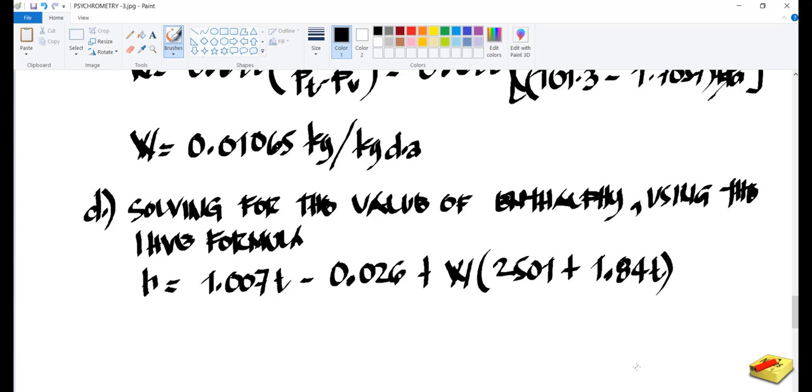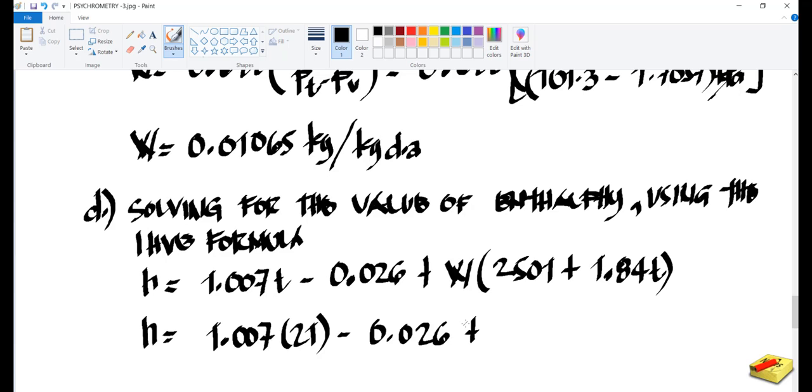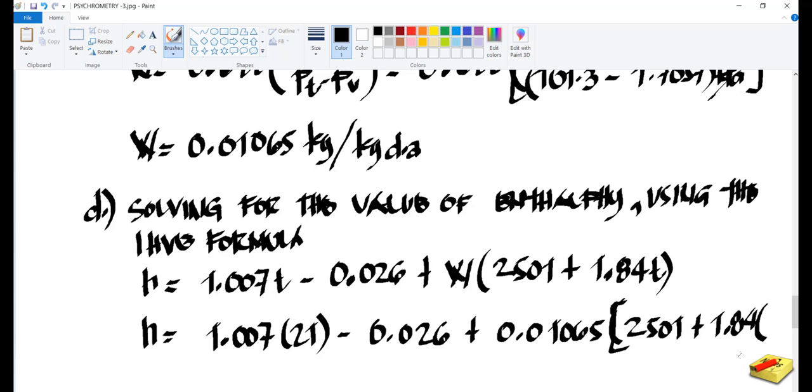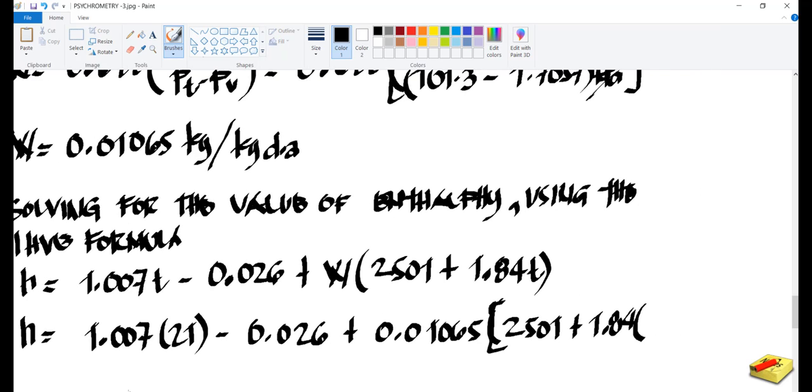Okay, so substituting the values, we have now your enthalpy: 1.007, then we have the temperature, which is 21 degrees Celsius, minus 0.026, then plus W. So nakita na nakuha na natin yon, that will be 0.01065, then multiply by 2501 plus 1.84. So bracket na natin to, then multiply by the temperature. So temperature is 21 degrees Celsius.